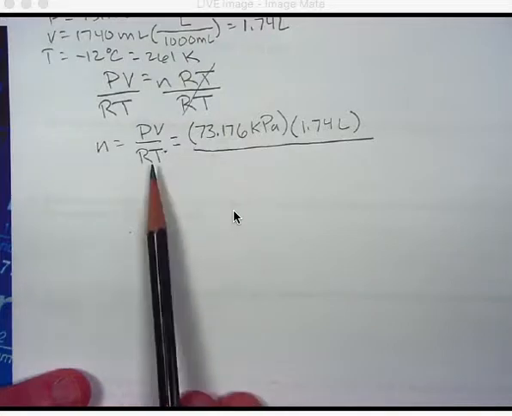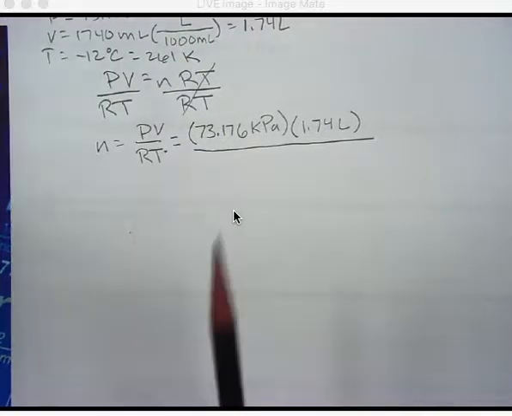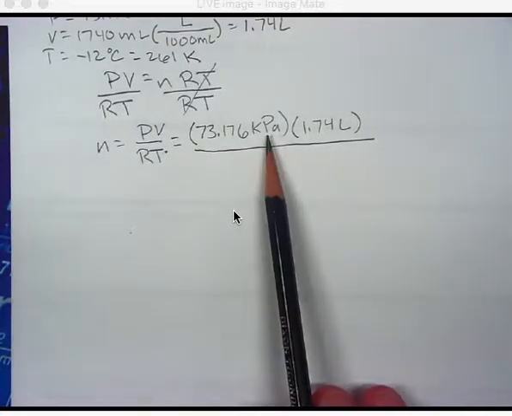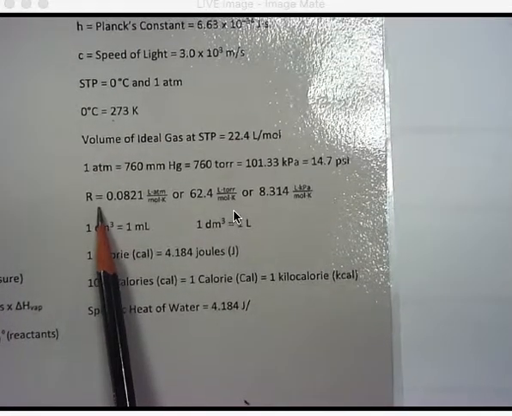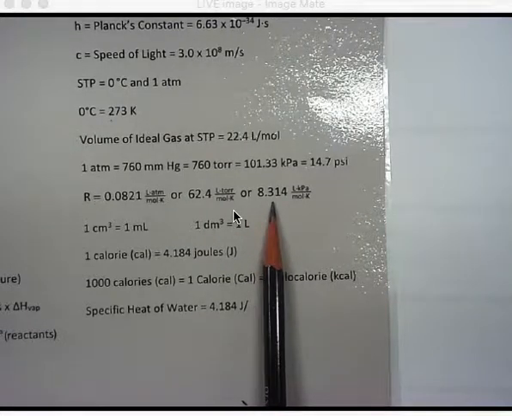Now when you substitute your R value, remember you have to choose the correct R value that will meet whatever pressure system you're using. Since we're using kilopascals, then the R value that we use is the one that uses kilopascals, 8.314.